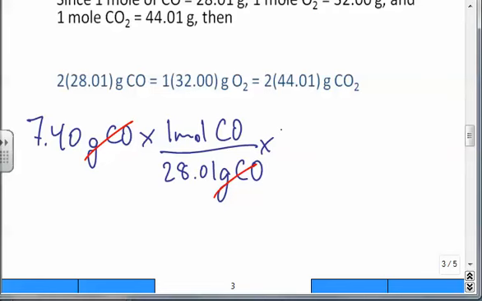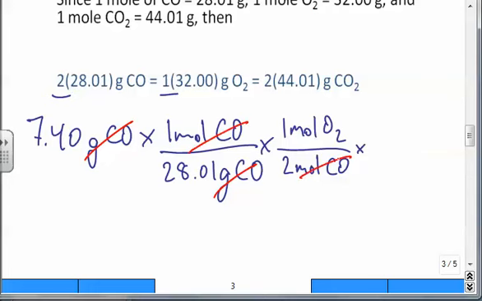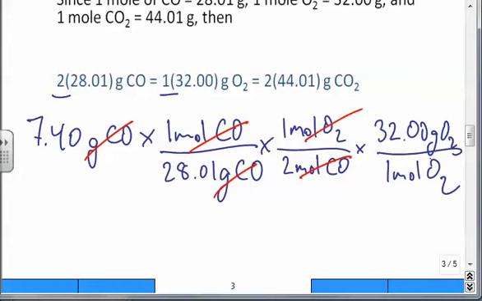I need to react 1 mole of oxygen for every 2 moles of carbon monoxide, based on the molar relationships in my balanced equation. Again, my units have canceled, and now I'm going to go from moles of oxygen to grams of oxygen. 1 mole of oxygen weighs 32.00 grams per 1 mole of O2, and my moles cancel.